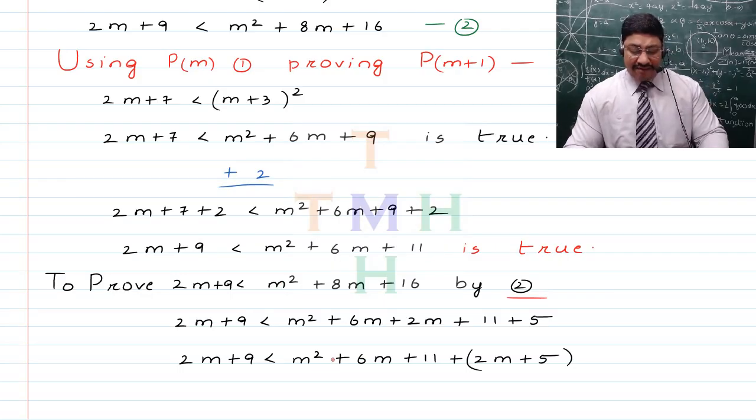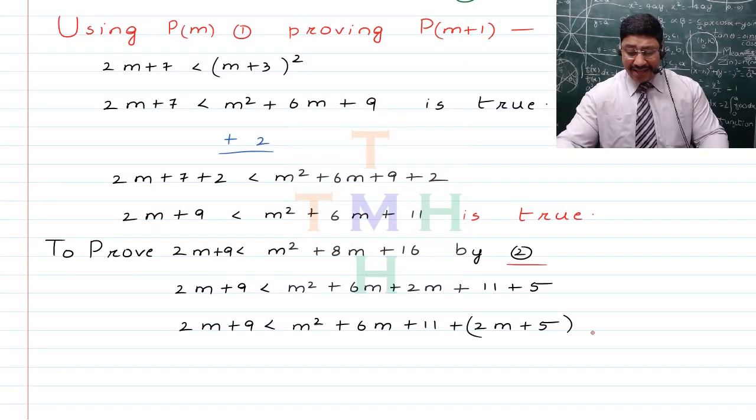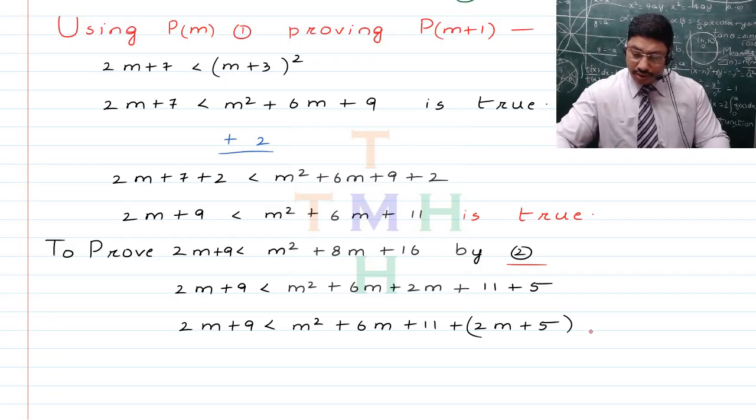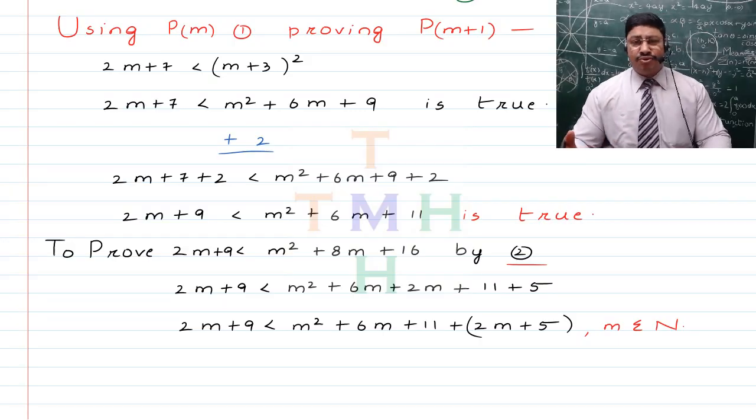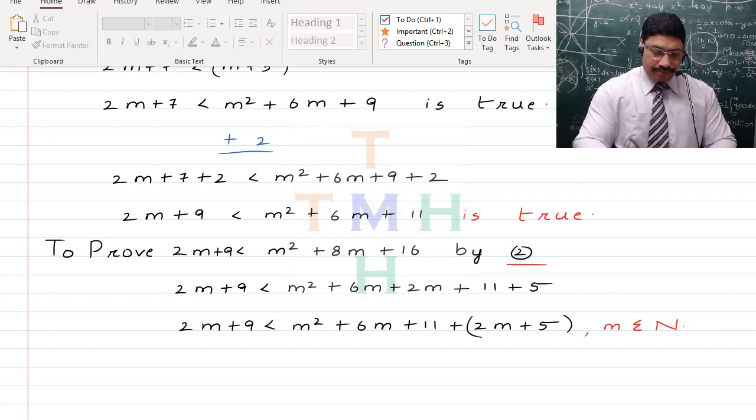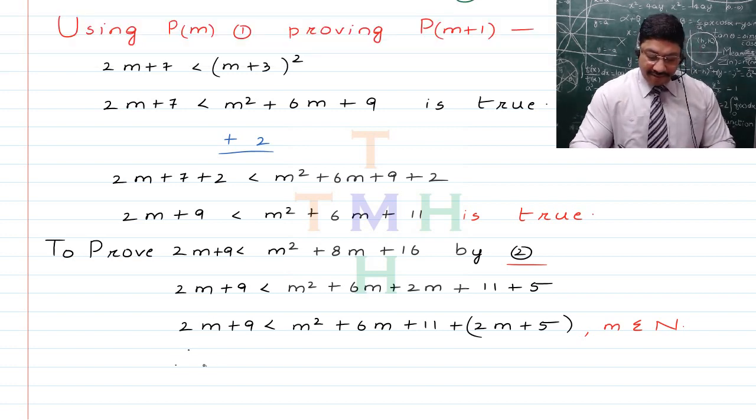So as you have m square plus 6m plus 11, which is greater than 2m plus 9, and now further to it, if you add 2m plus 5 more, where m is an element of natural numbers, obviously on the right hand side you have a further larger number, and therefore it's going to be true. Thus you can say that therefore P(m+1) is true.